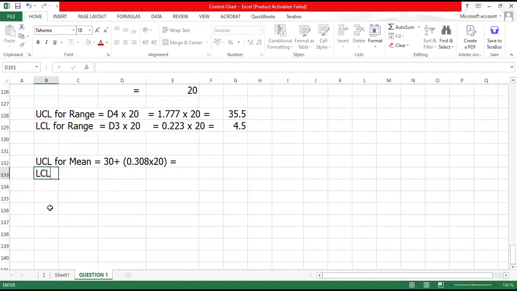The lower control limit for mean is equal to 30 minus open bracket 0.308 times 20. What do you get?